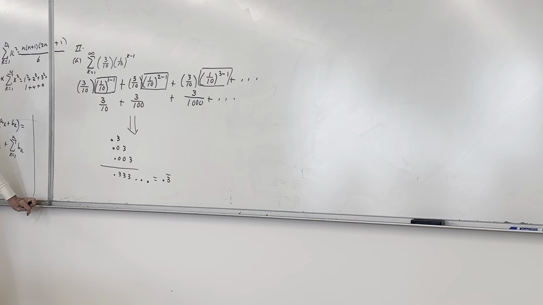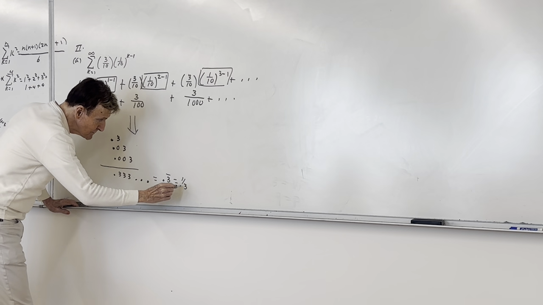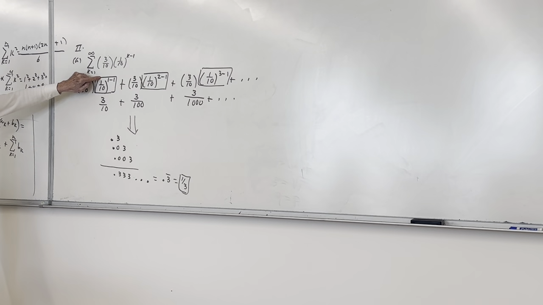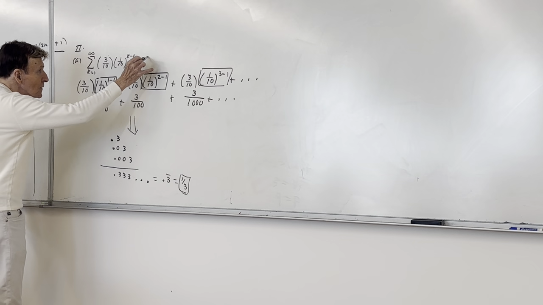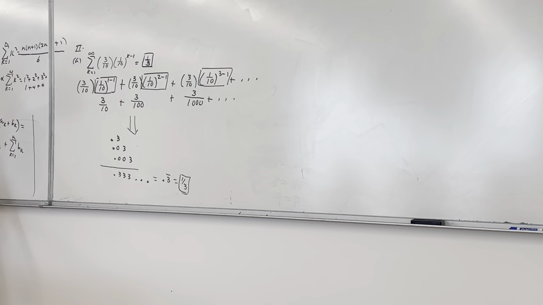Now, who recalls from middle school what fraction is equivalent to 0.3 with the 3 repeating? 1/3. Look at this mess up here. All this is equivalent to this. I heard some of my students say 1/3.